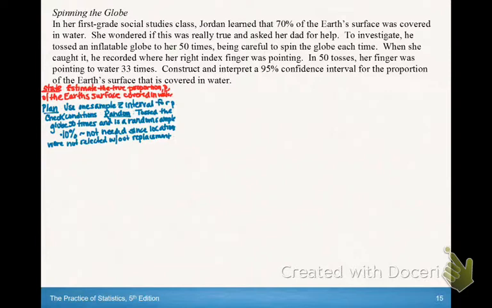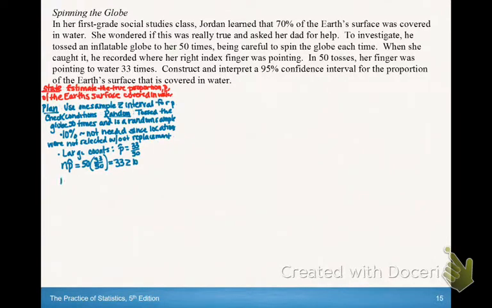Okay, so we have our random, we have the 10%, and then we have to do large counts. So for large counts, remember, we need p hat. So in her sample, she touched water 33 out of 50 times. So we check our sample for large counts, and n times p hat is going to be 50 times 33 over 50, which is 33, which is greater than or equal to 10, so that's good.